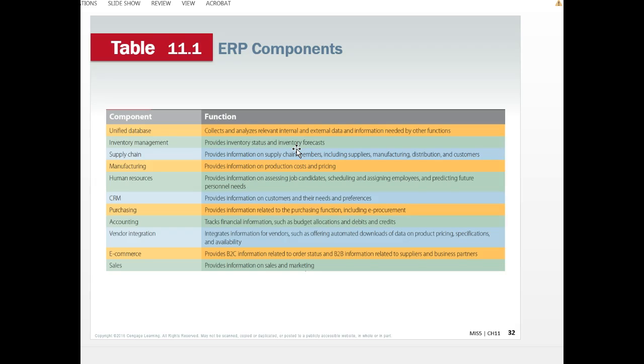Vendor integration provides information regarding the vendors, such as offering automated downloads of data on product pricing, specification, and availability. E-commerce is another component of the ERP which provides business to business or business to consumer transactions. And sales is another component of ERP which provides information on sales and marketing.